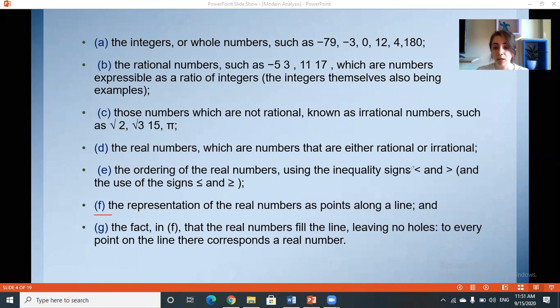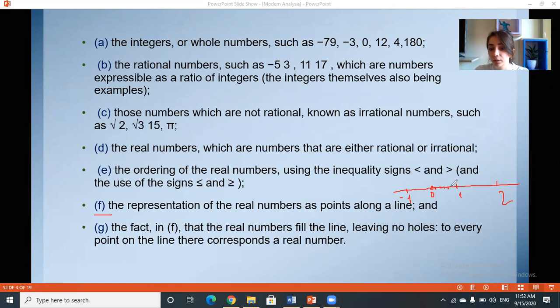For example, let it be a line. Okay, this is 0. Let it be 1, let it be 2, and that is negative 1. You see, here are no holes. Every point corresponds to a number.